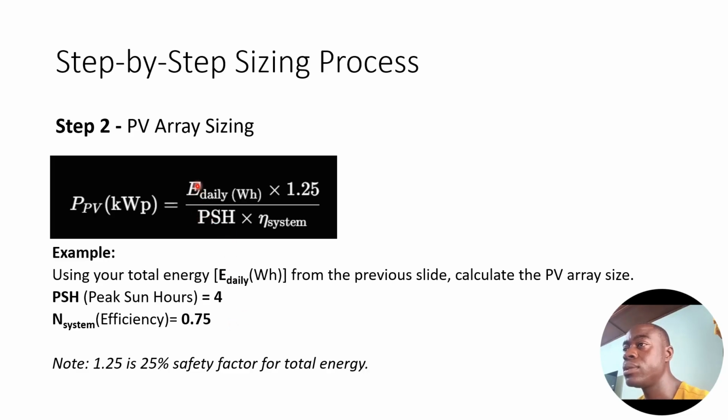So the total load times the safety factor, divided by the peak sun hours and the system efficiency, will give us the sizing of the PV arrays. Based on the figure you got from the previous slide, input these together and let's see what we get for the PV size for your particular system.